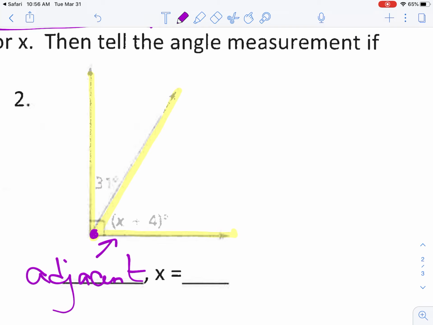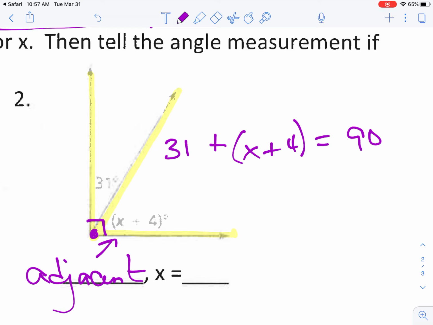You should notice that this is a right angle, so the two measures are going to equal 90 degrees because we see that right angle in there. So we're going to set these up. One angle is 31 degrees plus the x plus 4 needs to equal 90 since it's a right angle.